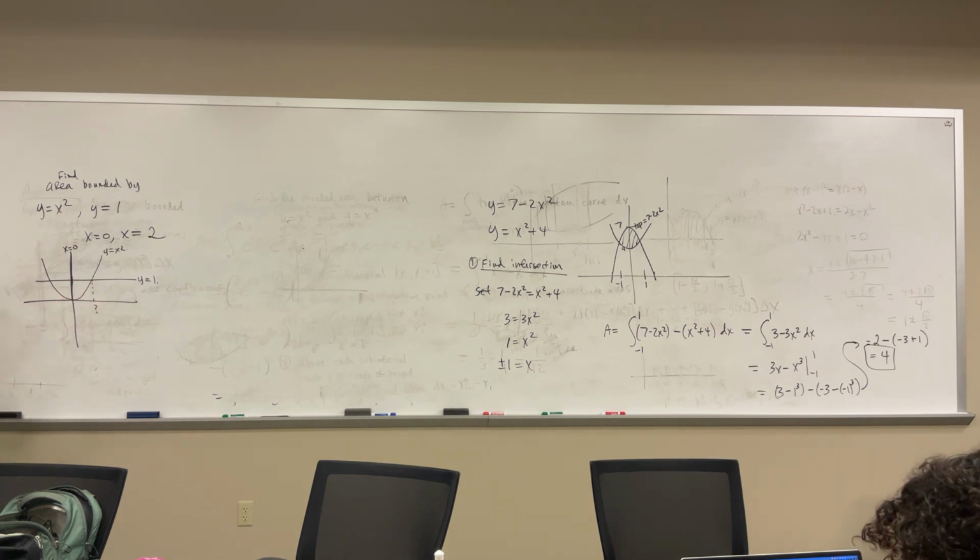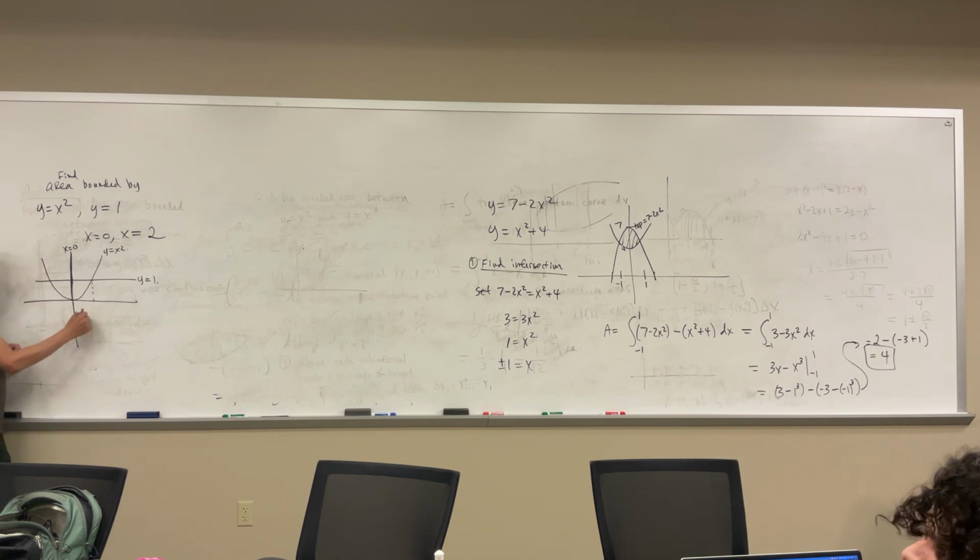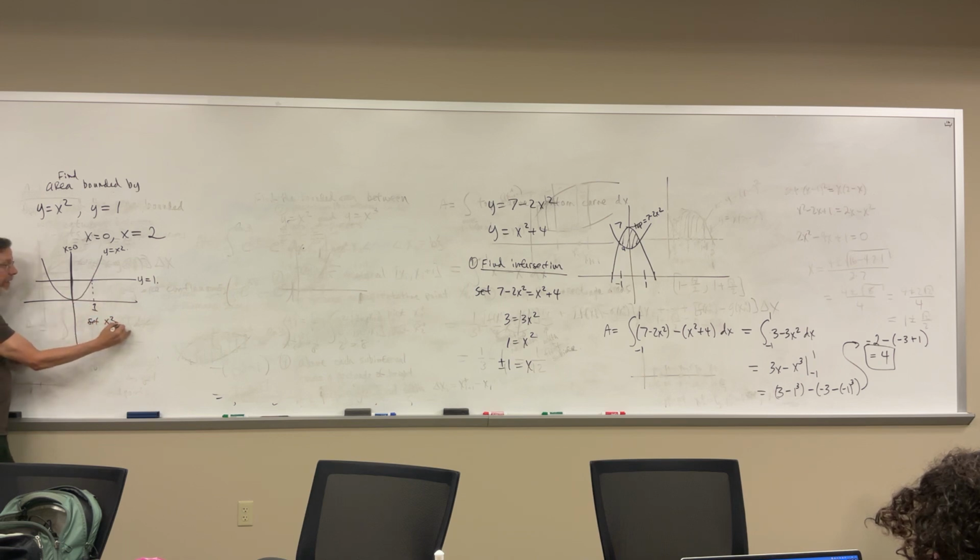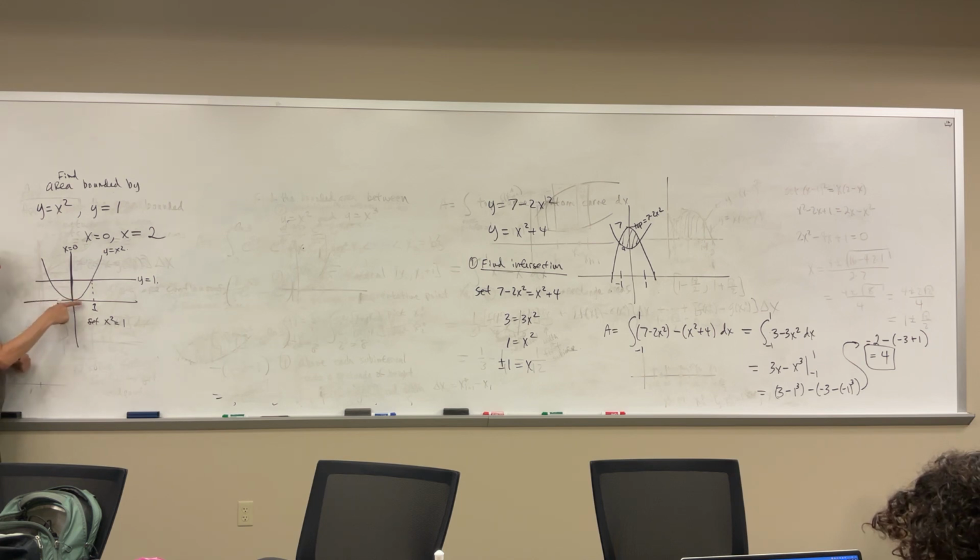1, exactly. So to solve that, you could set the curve x squared equal to 1 and figure out where it's equal to 1. It's also equal there at -1. So we definitely need to know where that's at, because our interval actually ends way over here.